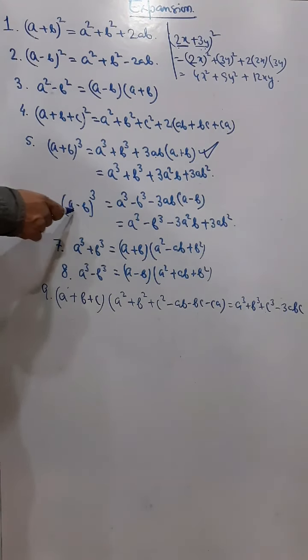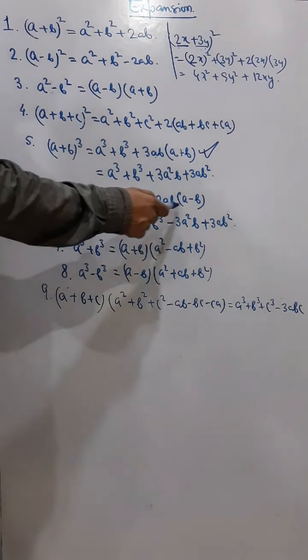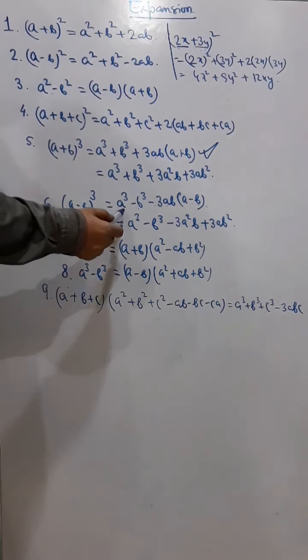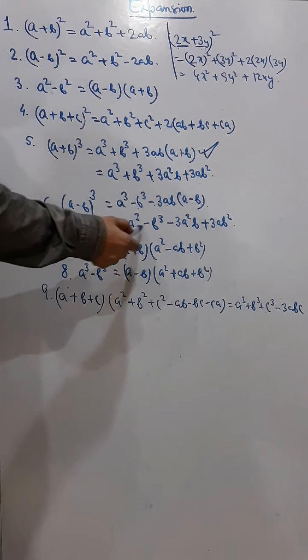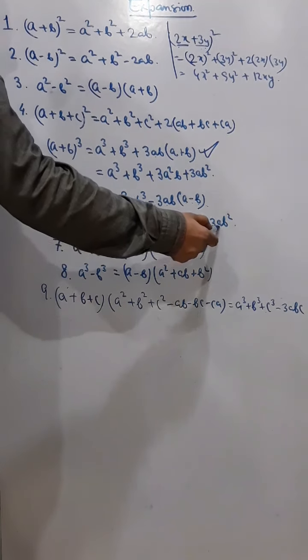Similarly, (a minus b) whole cube is a cube minus b cube minus 3ab bracket (a minus b). All minus. Now after that we expand it: a cube minus b cube minus 3a square b plus 3ab square.